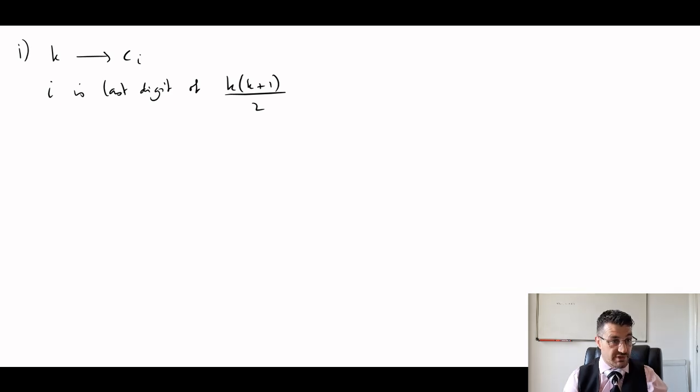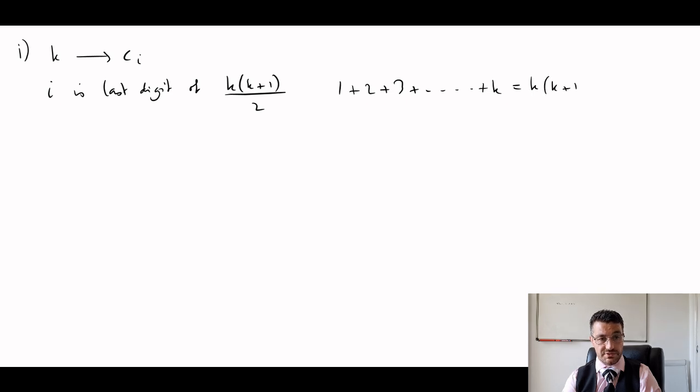Hopefully you recognize k times (k plus 1) over 2 as the sum of the first k natural numbers. In other words, 1 plus 2 plus 3 up to k is equal to k times (k plus 1) over 2. If you don't recognise that, you should.